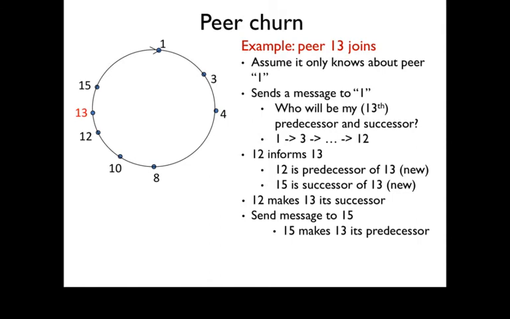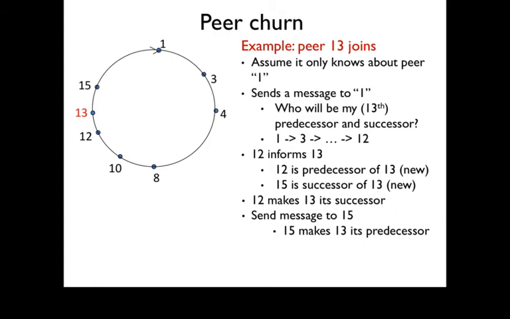Basically, 15 and 13 at one point will have 12 as a predecessor at the same time. Correct. Before 13 sends a message to 15, 15 would have thought that its predecessor was 12. So there is a small time during which the ring is not consistent. It's again an atomicity question. It's sending a series of messages. At the end of this complete cycle, the ring is correct, but in between some of these steps, the ring could be wrong.